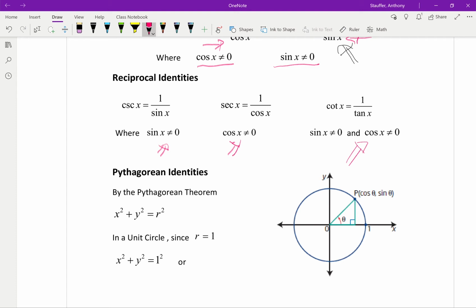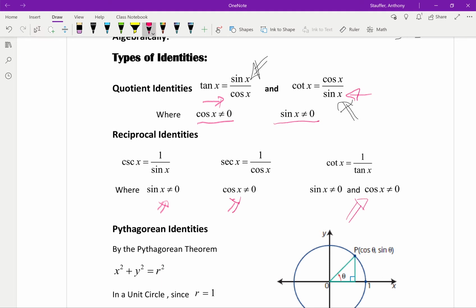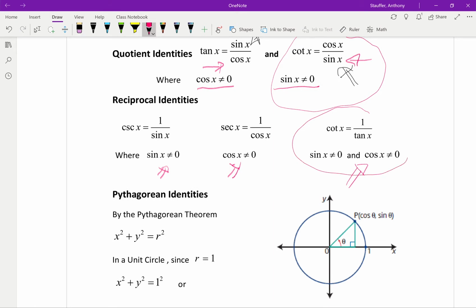Now, some of you may look at this and be like, well, here we say for the cot x, the sine x cannot be 0. But here, for cot x, I'm saying sine x and cos x can't be 0. We don't have a contradiction there. It all has to do with how we're presented with cot x.